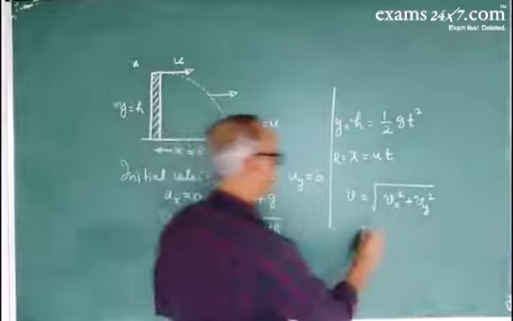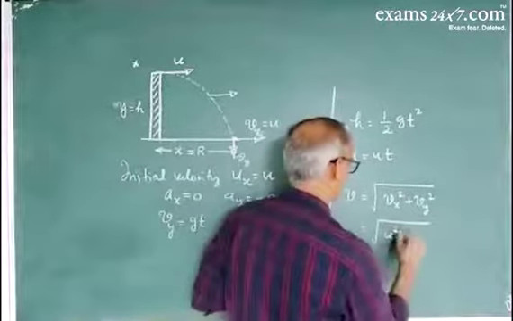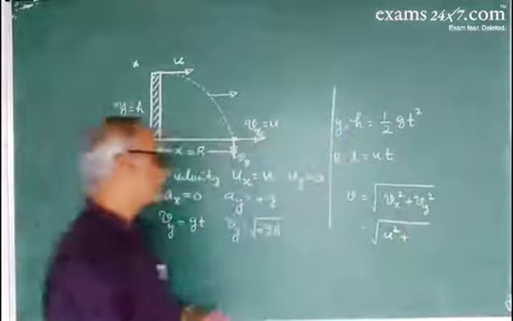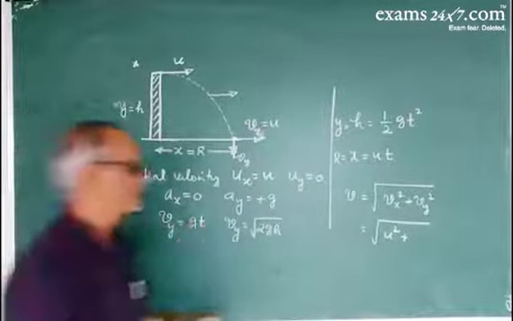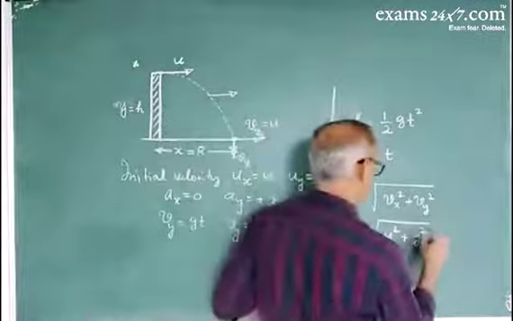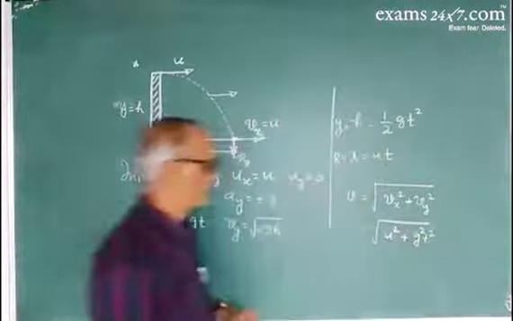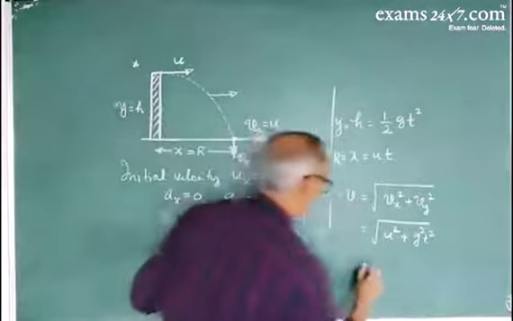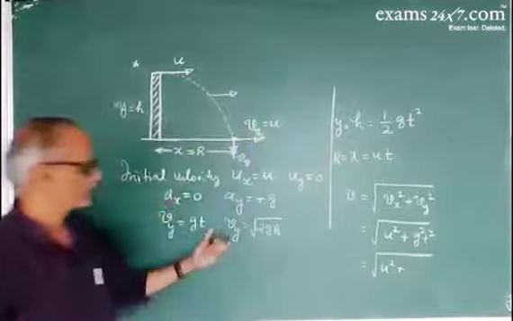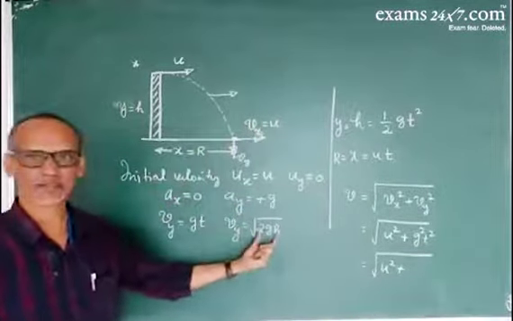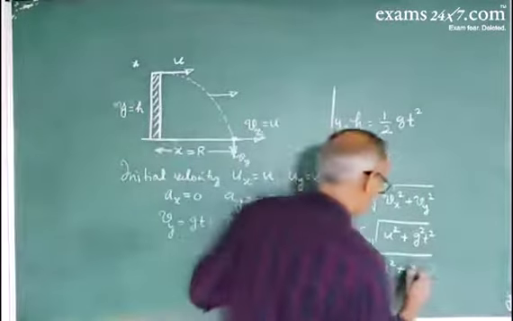So that is equal to root of u square plus Vy square, where Vy square is g square t square. You can even write that equation as root of u square plus Vy square, which is the root of 2gh, and the square of it will give you 2gh.